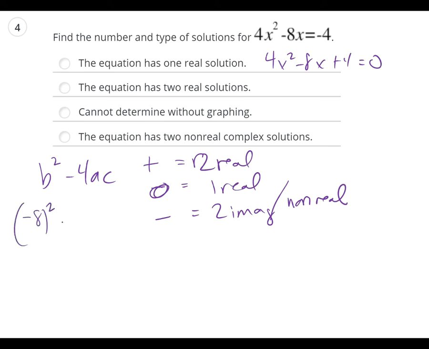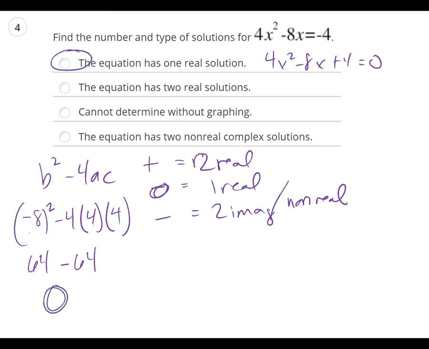Negative 8. Good. And then the a is going to be 4, and the c is going to be... necessarily mean 40-0 on the test.